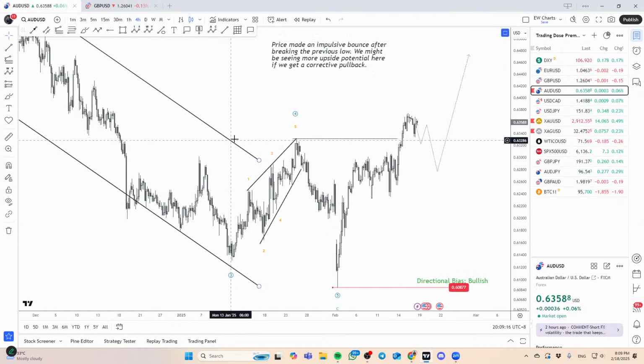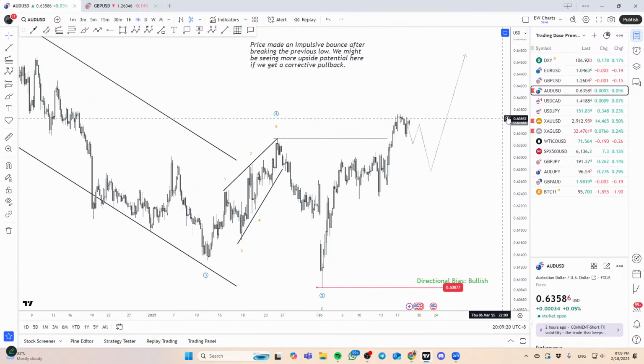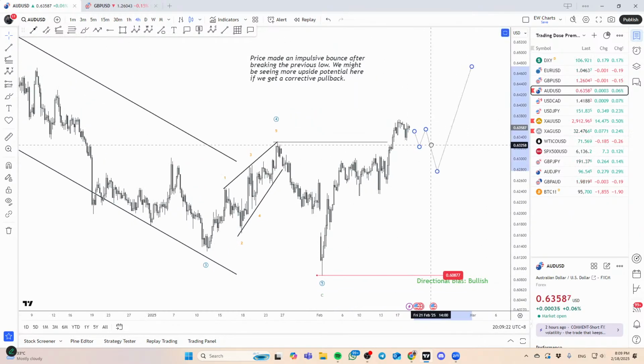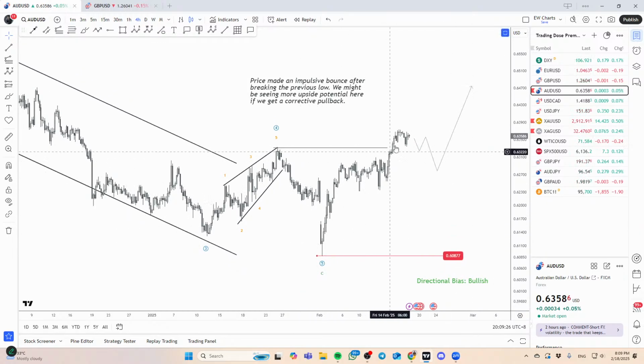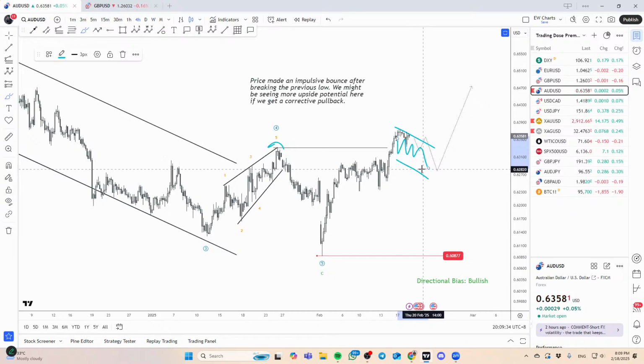Okay, then next up we have the Aussie dollar. So Aussie dollar here, overall direction is definitely bullish, right? We did get a pretty impulsive leg. We did get price breaking that top. But short term here, we definitely would want some sort of expectation where price would do a pullback.